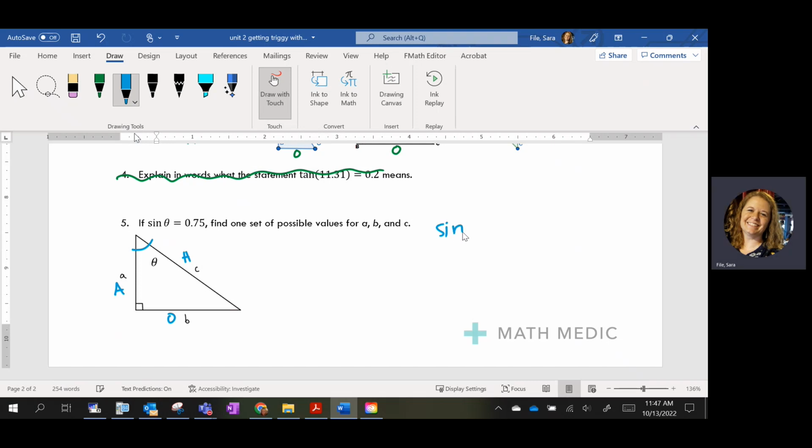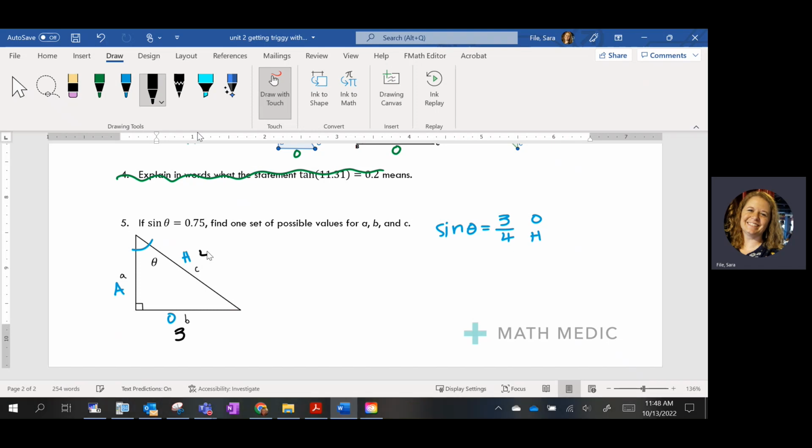It's 3/4. So the easiest one to do, oh my gosh, please write, is 3/4. To say, okay, 0.75, you could get that by doing 3 divided by 4. They're saying that's the opposite and the hypotenuse. So you could label that and say the opposite side is 3, the hypotenuse is 4.